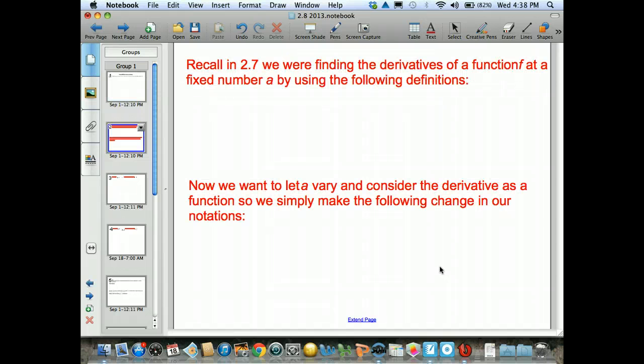Recall in section 2.7, we were finding the derivatives of a function at a fixed number we called a by using a couple of different limits. First, the limit as x goes to a of f of x minus f of a all over x minus a.